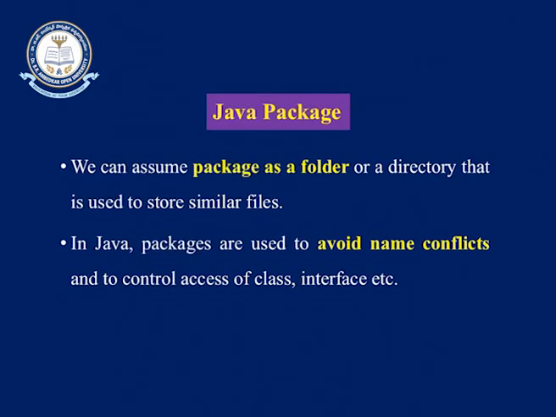One more advantage of a Java package is to avoid name conflicts. For example, let us take that we have a student with the name Ramu in the CS department and also in the EEE department. How can you identify the particular person? In that case, you may use the department name to avoid the conflict: EEE department Ramu, CSE department Ramu and so on.